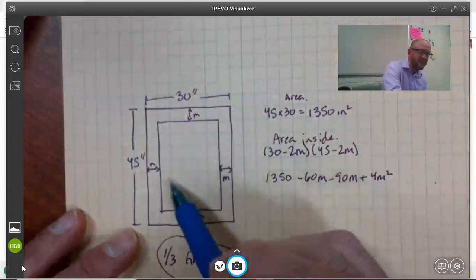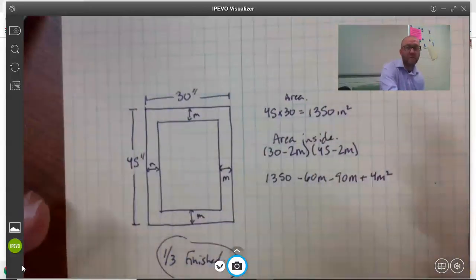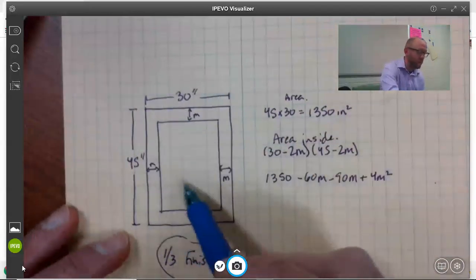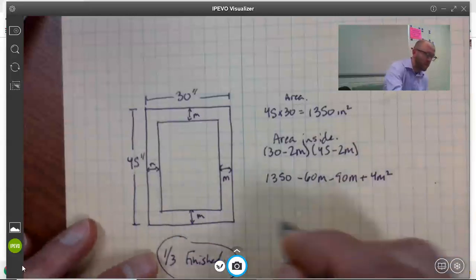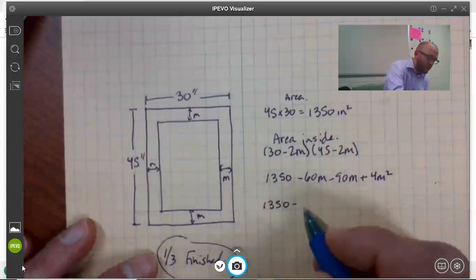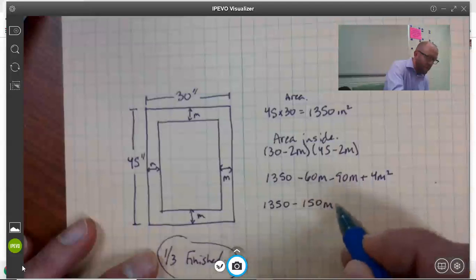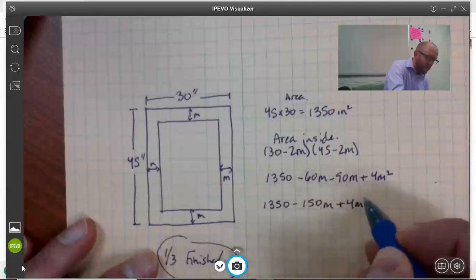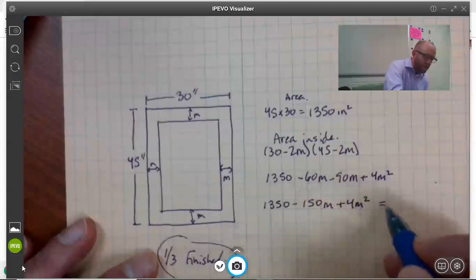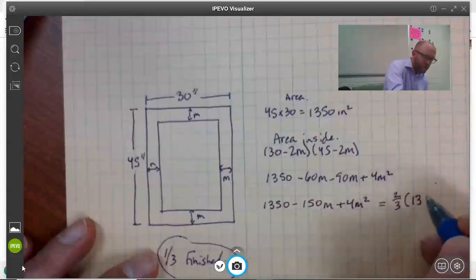Okay, so if the border here is 1/3 of the total area, then the inside must be 2/3 of the total area. So that means that 1350 minus 150M plus 4M squared is equal to 2/3 of 1350.